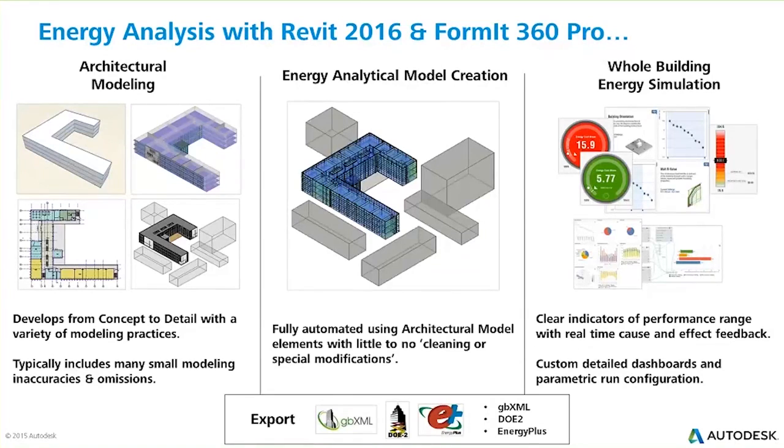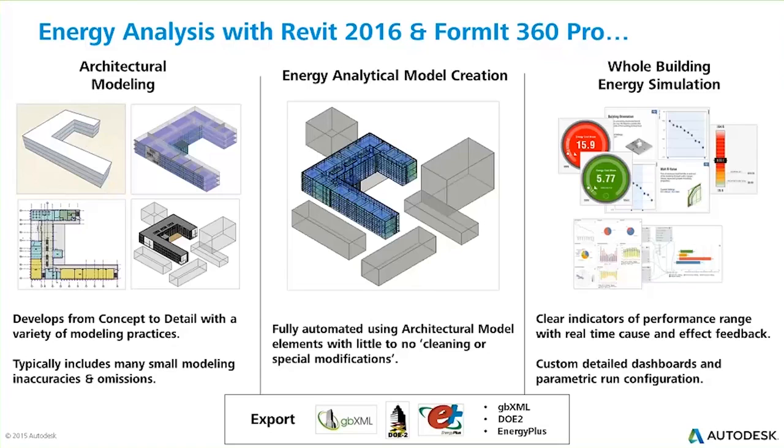And we've made a number of advances over the last few years, and they're particularly clear to see now in Revit 2016 and in Formit, that you can now model as you normally do from concept to detail, including the variety of modeling practice that people have, and accounting for the typical inaccuracies and omissions that are natural in architectural modeling processes, and still create an accurate, reliable energy analytical model automatically.